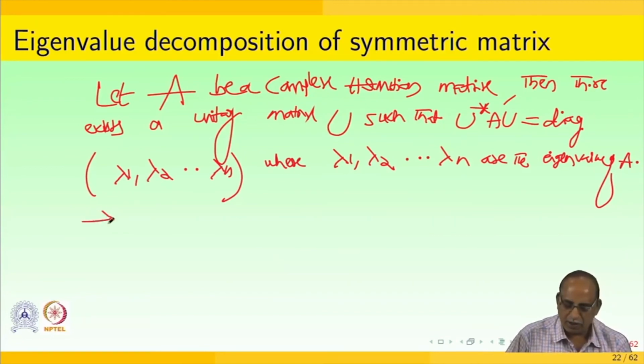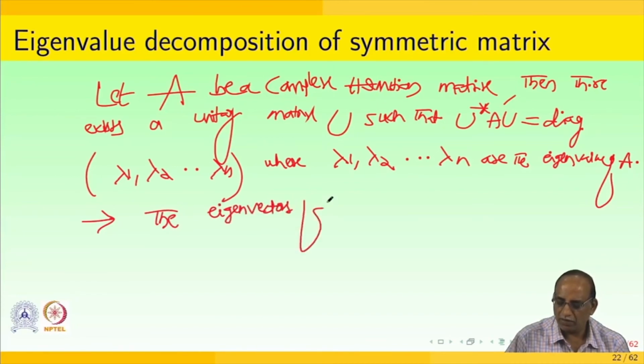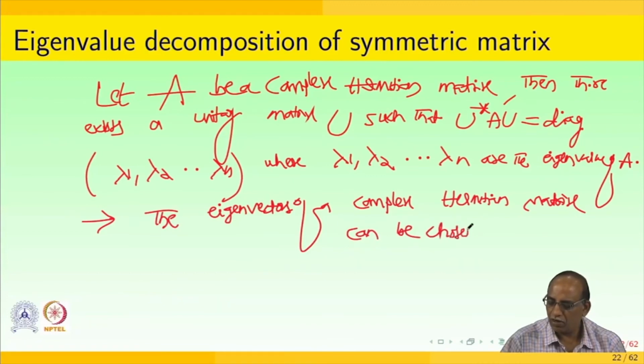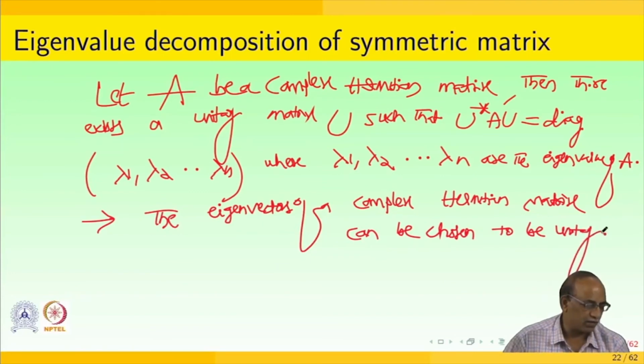And another property is the eigenvectors of a complex Hermitian matrix can be chosen to be a unitary matrix.